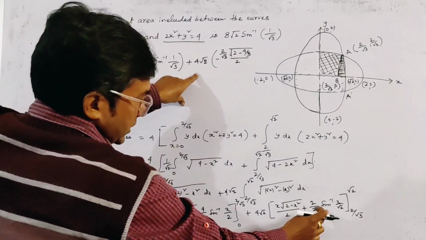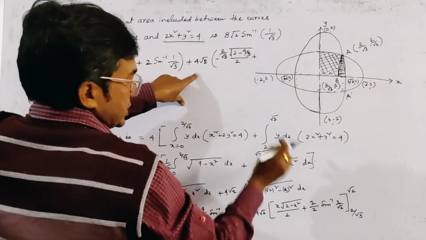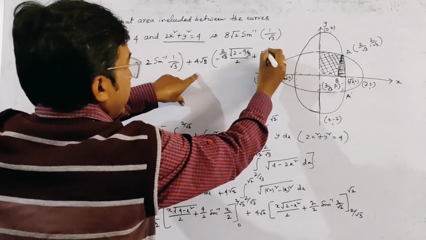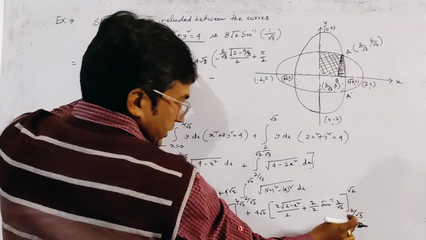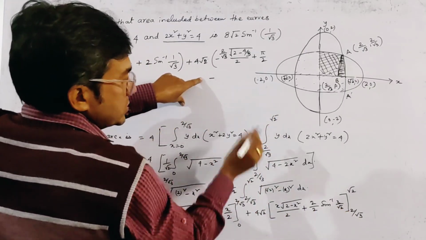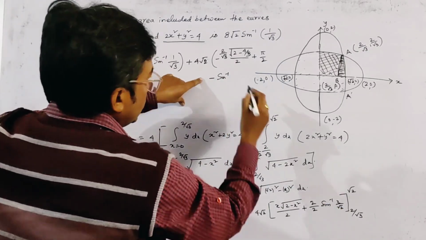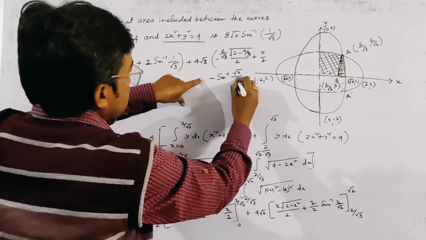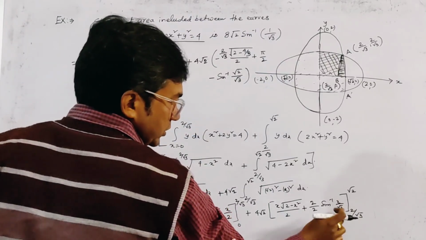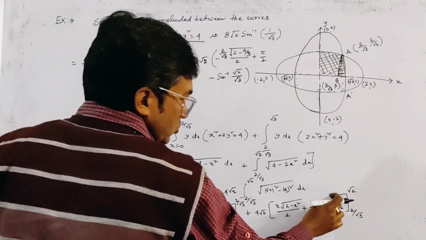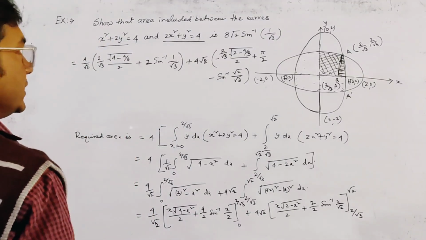Okay, and from the upper limit from here we get plus sin inverse 1, we directly write pi by 2, minus by putting 2 by root 3 here we get minus sin inverse root 2 by root 3. Okay, because if we put x equal to 2 by root 3, root 2 cancel out, then we get 2 by root 3. This result we get from both the integrations.